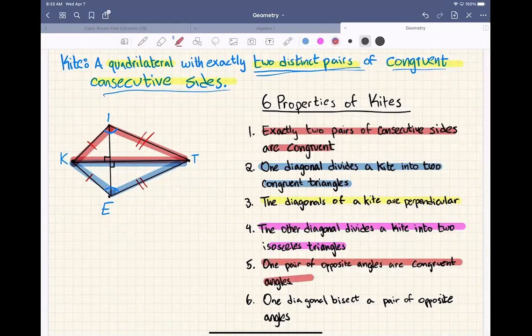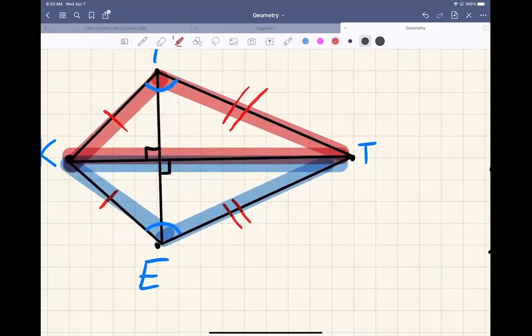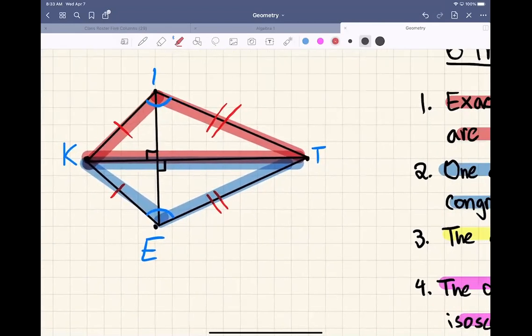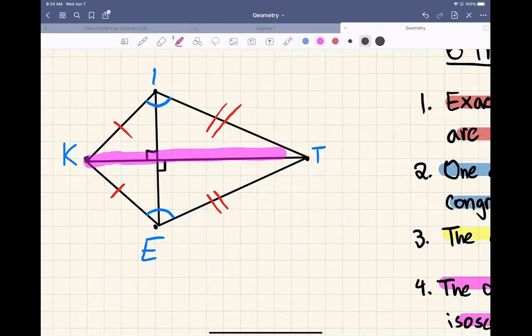And then, 1 diagonal bisects a pair of opposite angles. Basically, what we're saying in this one is that no matter which diagonal you're looking at, either this one or this one, the angles being bisected are always going to be cut in half.